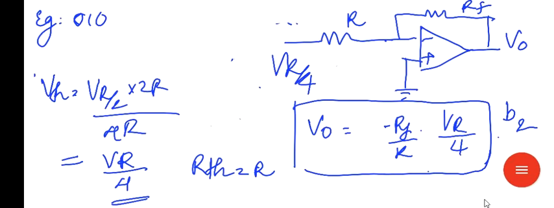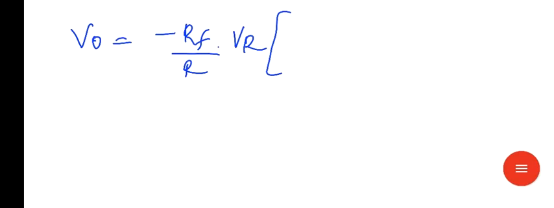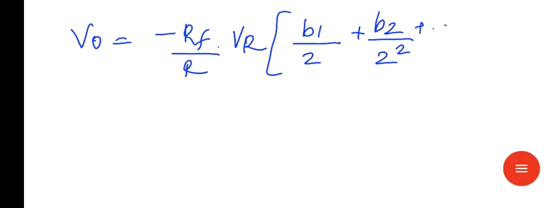So generally we can write the expression for V out. V out is equal to minus RF by R into VR times B1 by 2 plus B2 by 2 squared plus, etc., Bn by 2 raised to n.